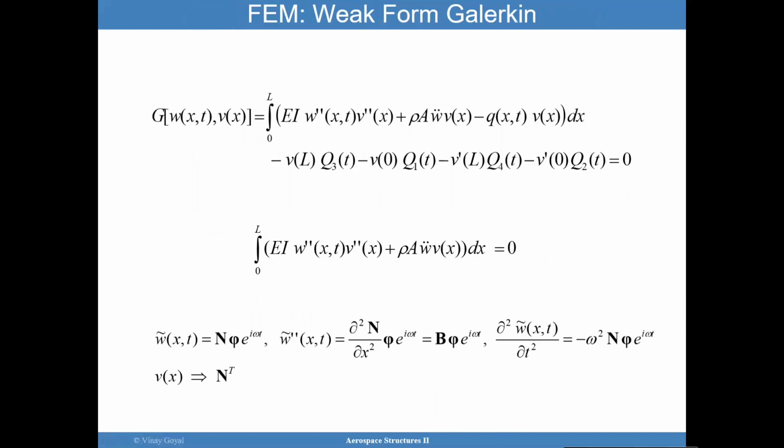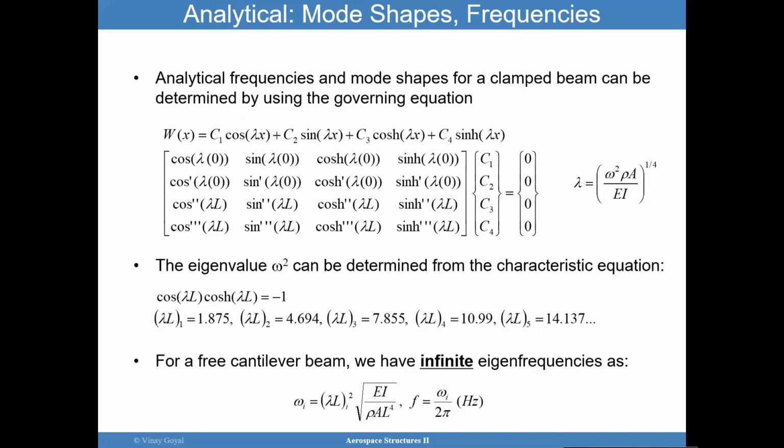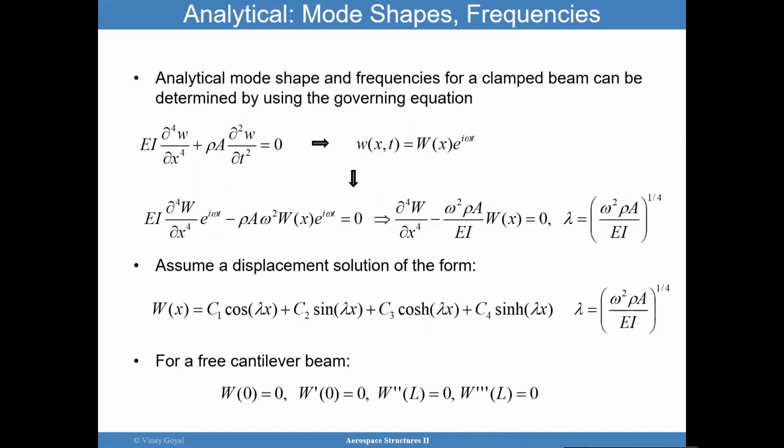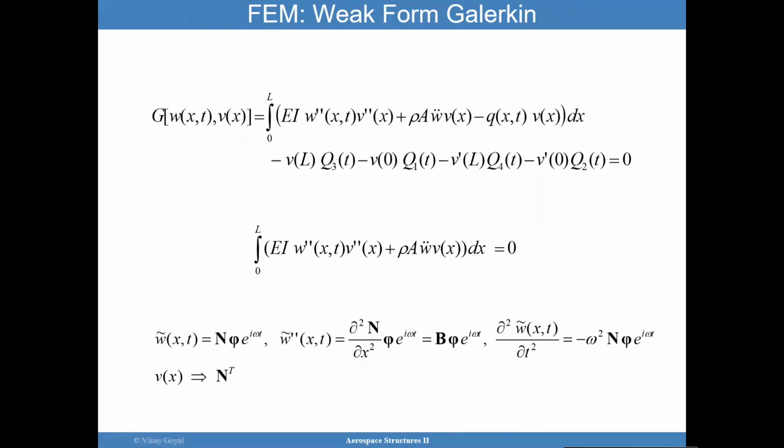And so the good news is that I could discretize this equation again using the idea of weak form Galerkin. I already went through that. But this time, for the time domain, I'm going to plug in phi e to the i omega t. Again, I don't want to bore you with the mathematical aspects.